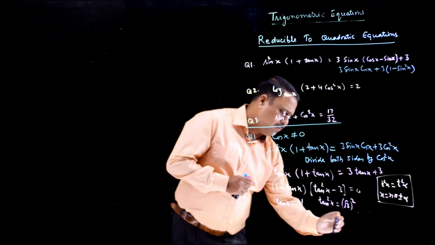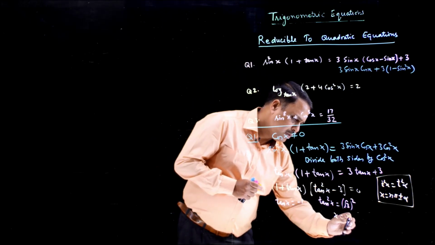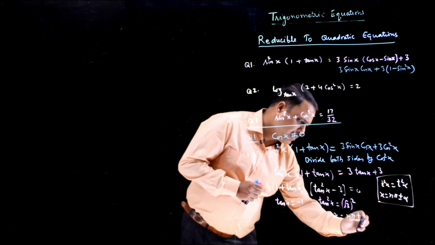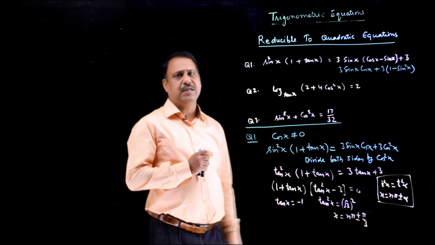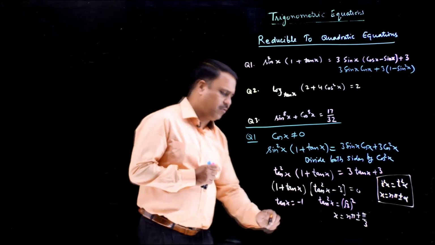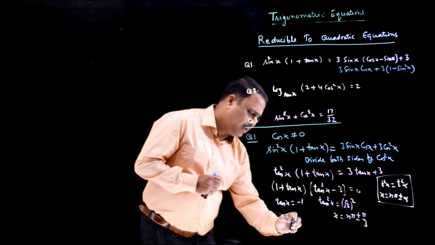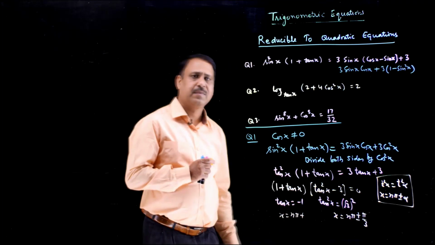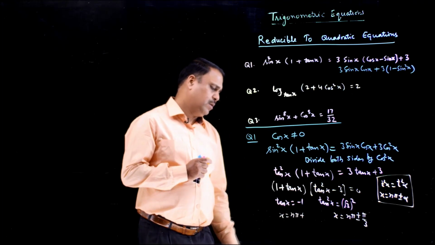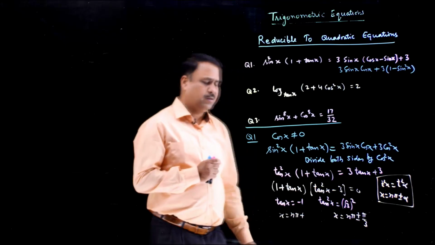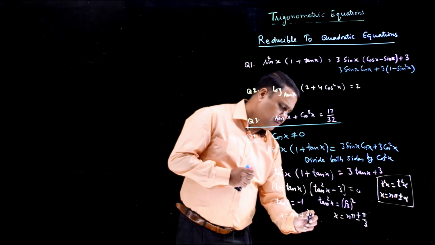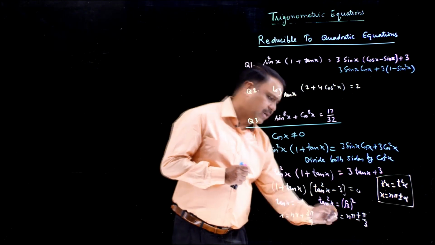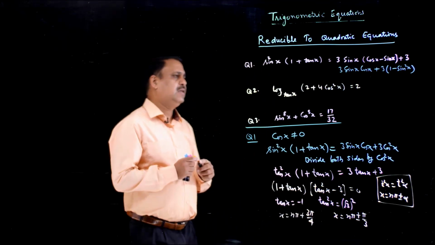So here x will be equal to n pi plus minus pi by 3, 60 degree. Tan x is equal to minus 1: third quadrant, pi plus pi by 4, so x is equal to n pi plus 5 pi by 4. Second quadrant, tan x is negative in second quadrant, pi minus pi by 4, 3 pi by 4. So these are the solutions of this equation.